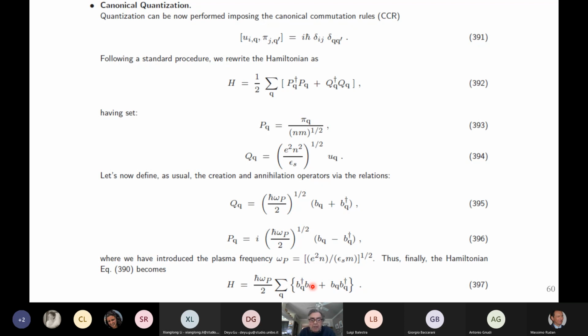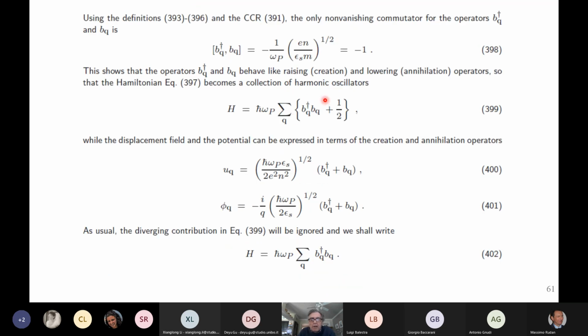But the B and B daggers commute. And so I can actually rewrite my Hamiltonian as B dagger B multiplied by the plasma frequency, plasma energy. In principle, it should be inside the bracket, but since this does not depend on Q, I can take it out of the sum. And then there is the usual 1/2, which is coming from the canonical commutation rules of the operators, which is something that we will ignore dutifully.